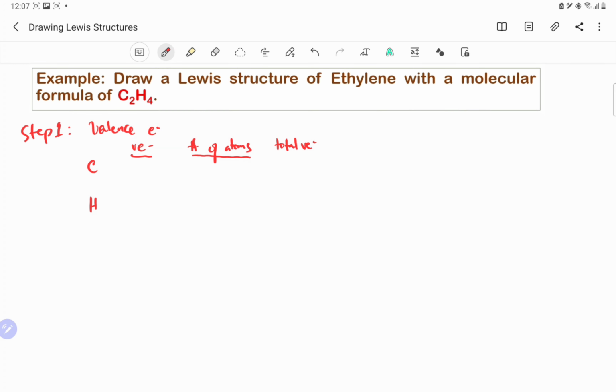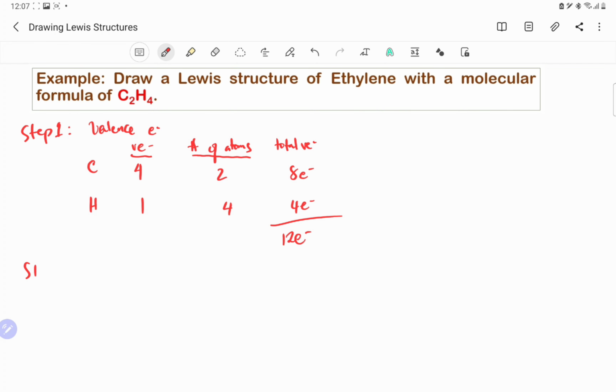Okay, the valence electron of carbon, don't forget on the periodic table, it belongs to group number 4A. So it has a valence electron of 4, and hydrogen is 1. The number of atoms of carbon in the molecular formula is 2, so it has 2. Hydrogen is 4, making this 8 electrons, this one 4 electrons, and you need to sum this up to get the total valence electrons. Okay.